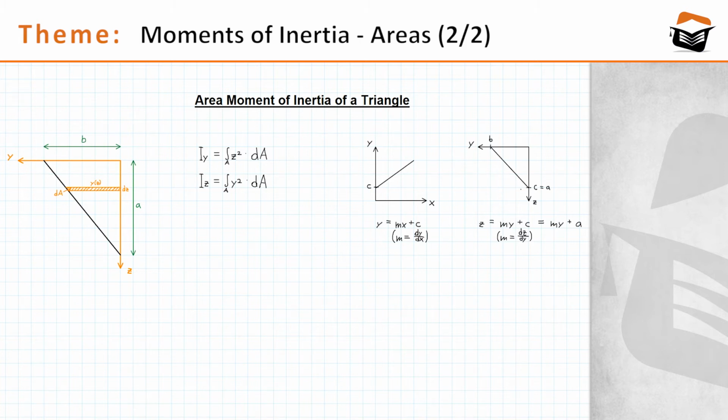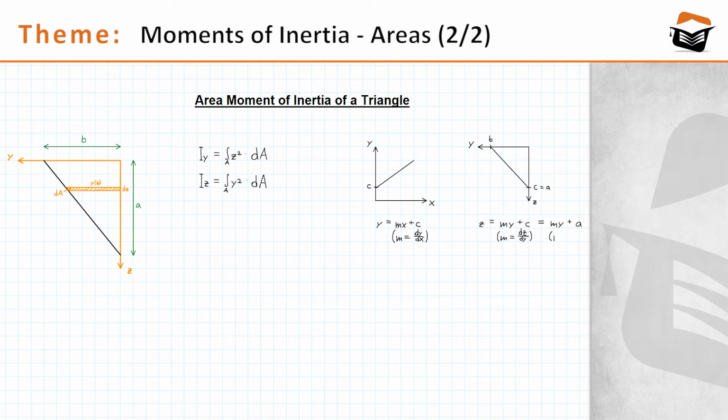The rise over the run is basically minus a over b, because as you go b steps in the positive direction along the y-axis, your z value decreases. So your rise is negative and your run is positive, and as such your slope ends up negative.